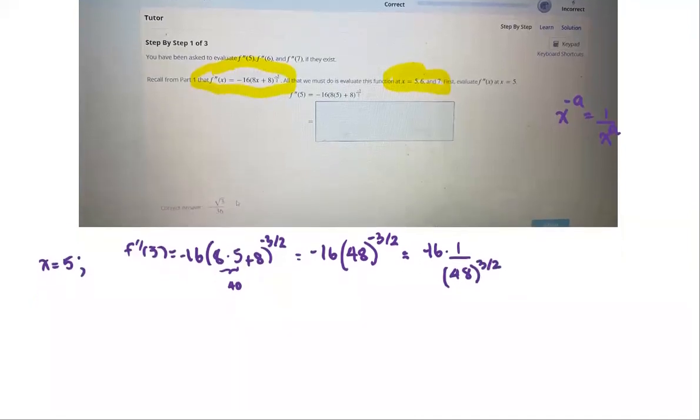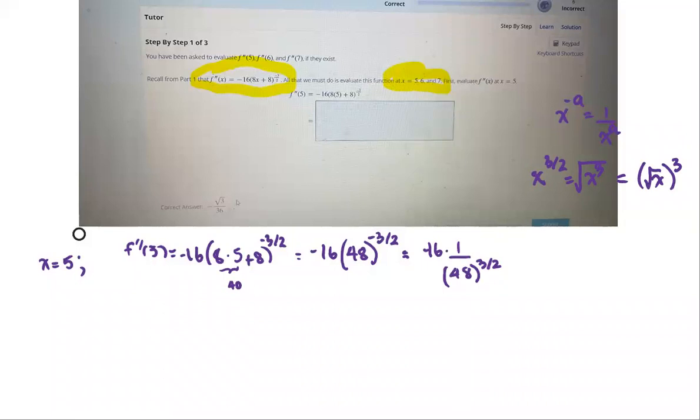The next step, we are going to simplify the power 3 over 2 of 48. I'm going to put a note here: x to the power 3 over 2 means x to the power 3 inside of the square root, or you can take the square root and raise it to the power 3 later, as long as x is a positive number.